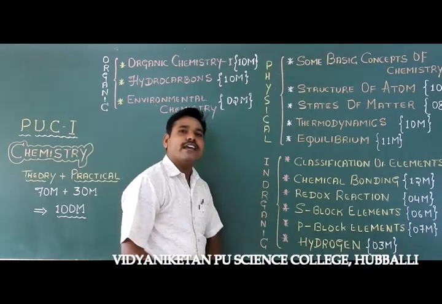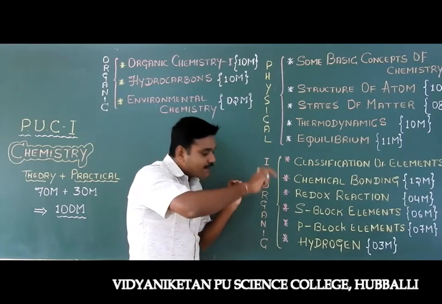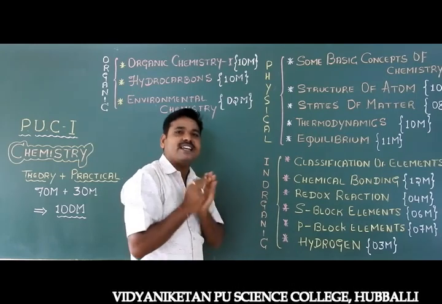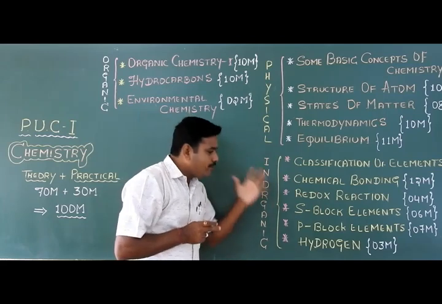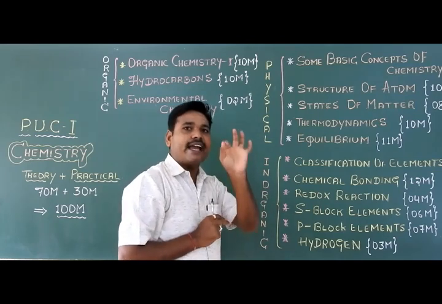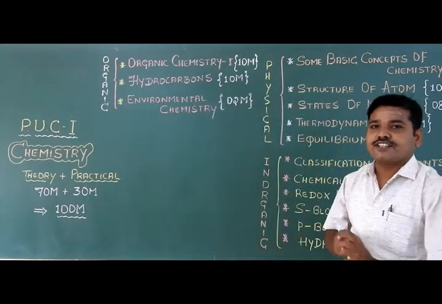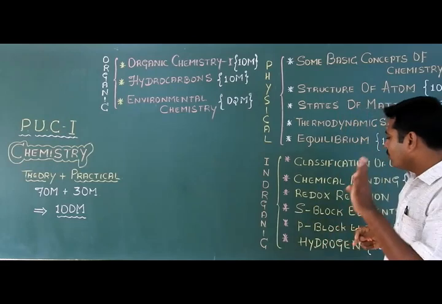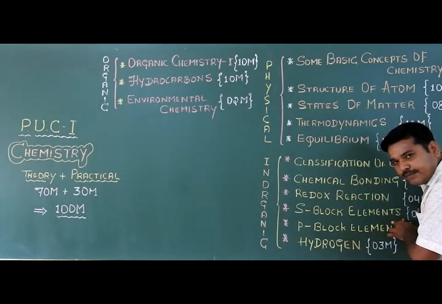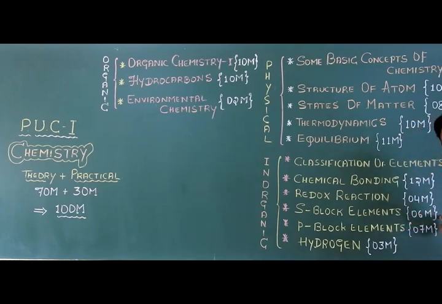One is s block elements and the second one is p block elements. The complete s block elements in the PUC first year, and under the heading of p block elements, the first 2 vertical columns, that is the 13th and 14th group, for the PUC first year students. So the fourth chapter is s block elements, and the total weightage of this s block elements chapter is 6 marks in the final examination.